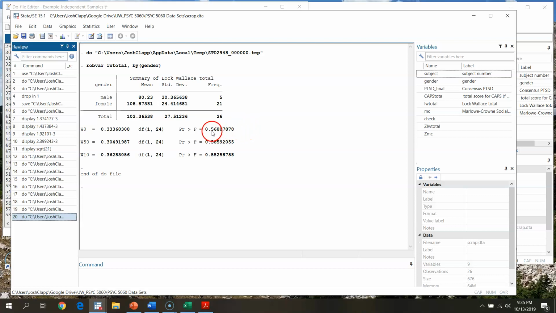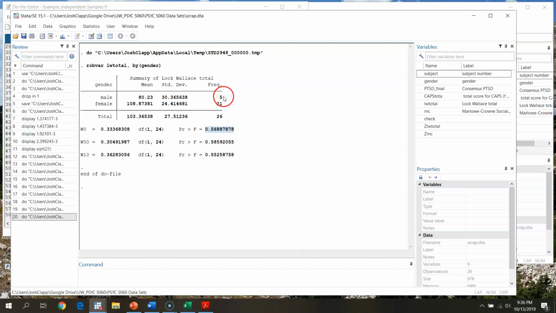so we're definitely not even close to threshold, so we would fail to reject our Levene's test, and this is actually good, right? Remember, with our Levene's test, we want to fail to reject the null hypothesis, because the null hypothesis is that the variability in our two groups is equal. And so if we fail to reject, that means they're at least reasonably similar.